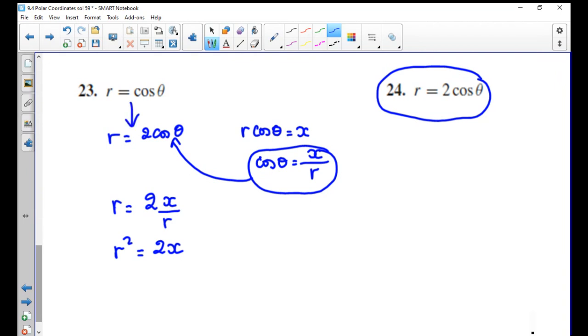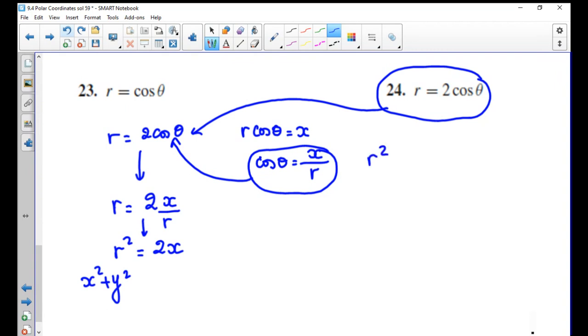So I'm solving this one, and then from here to here to here. Now, what do you think the next step is? Yeah, r squared is actually x squared plus y squared. Remember, r squared is x squared plus y squared.